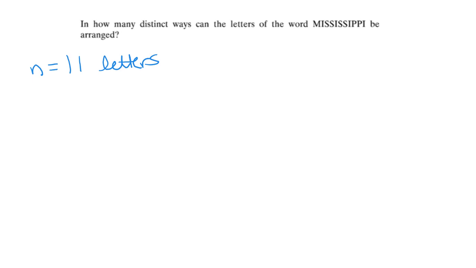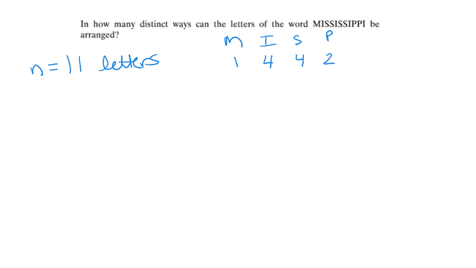And then I'm going to look at each unique letter. So for the M, that occurs 1 time. The I, it looks like I have 4 I's there. S's, I have 1, 2, 3, 4 S's. And then I'm looking at the P's, and I have 2 of those.